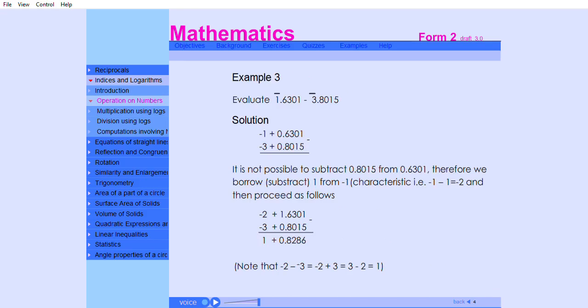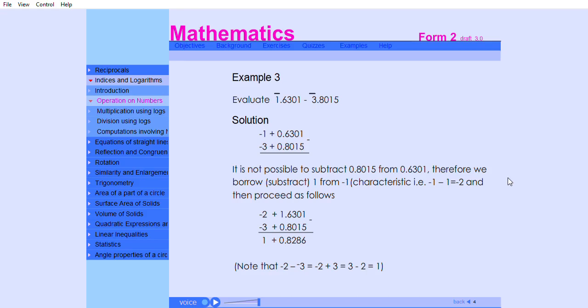Example 3. Evaluate bar 1.6301 minus bar 3.8015. Solution. -1 plus 0.6301 minus -3 plus 0.8015.